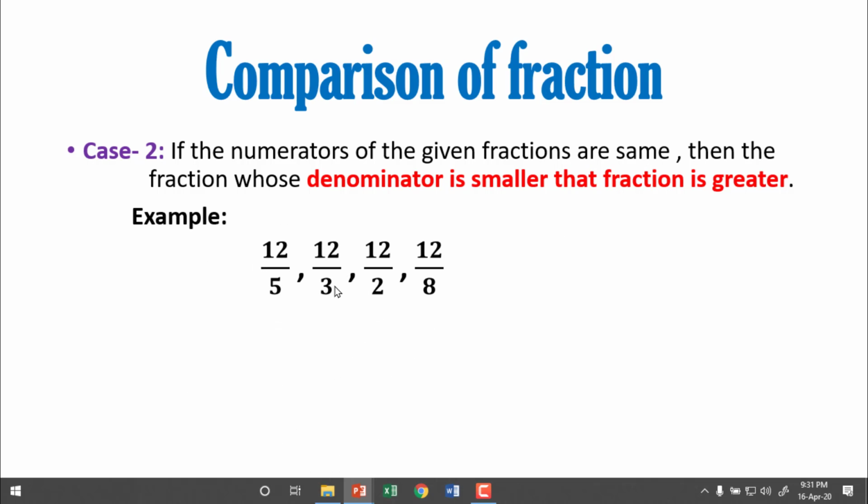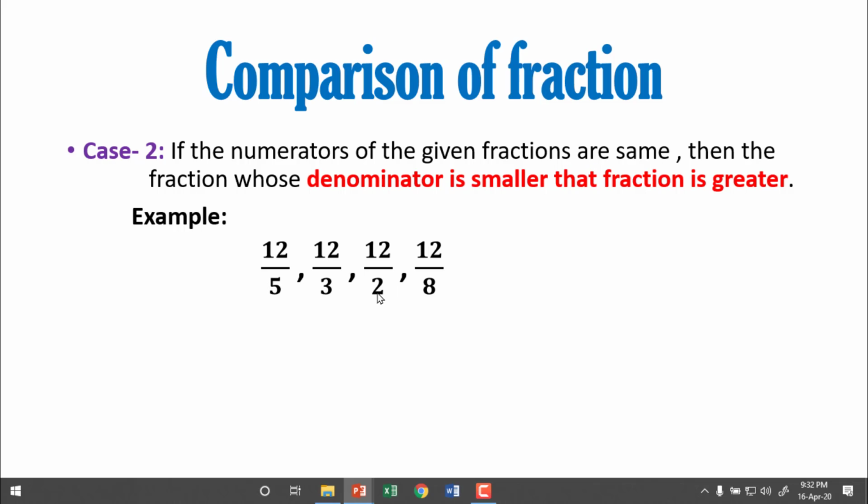Here some fractions are given whose numerators are the same but the denominators are different. So now we will compare the denominators. The fraction with the denominator that has the smallest value will be the largest one. So here 5, 3, 2, 8. 2 is the smallest one among the denominators.